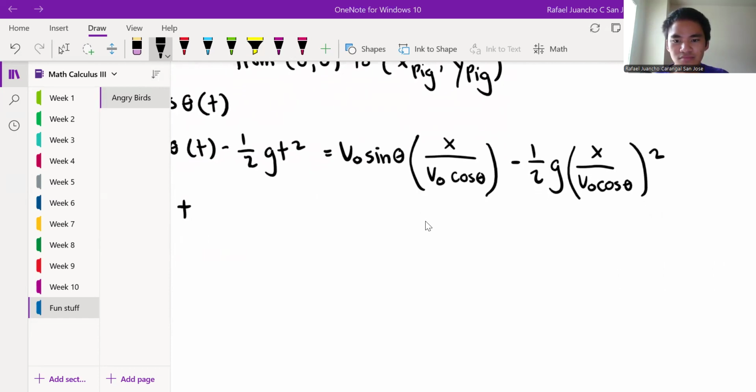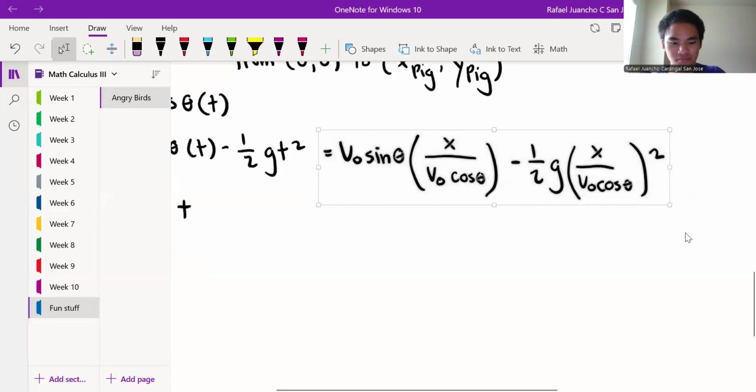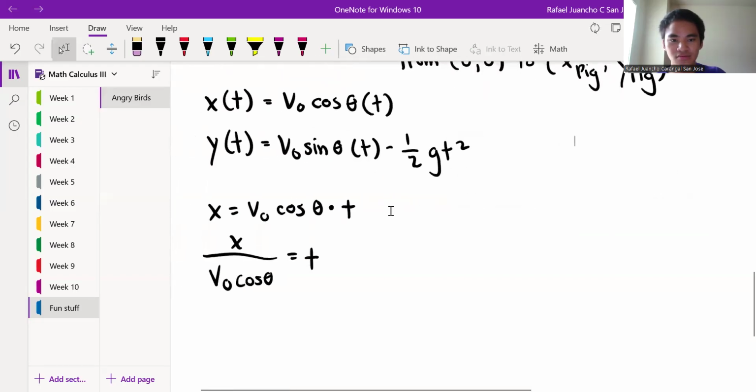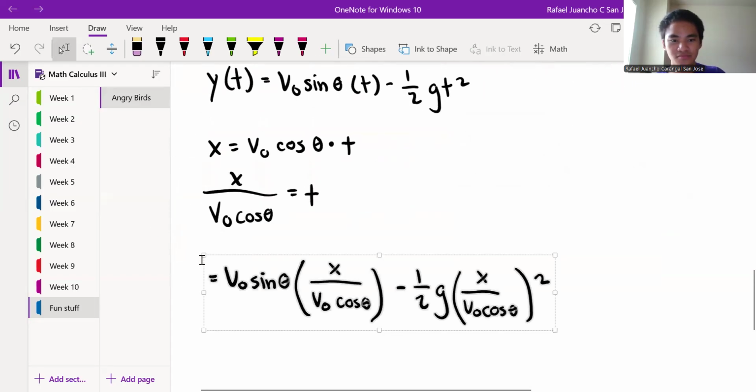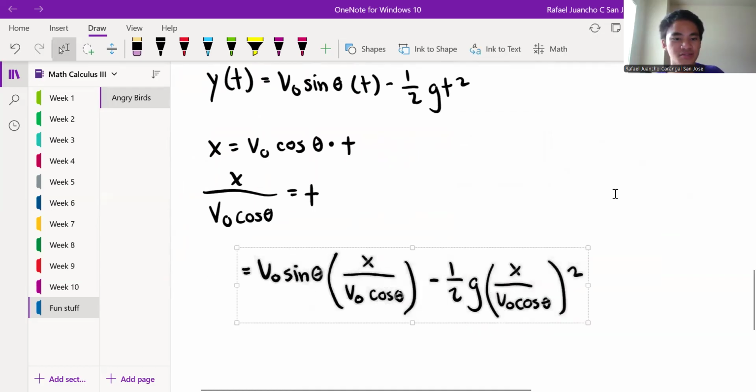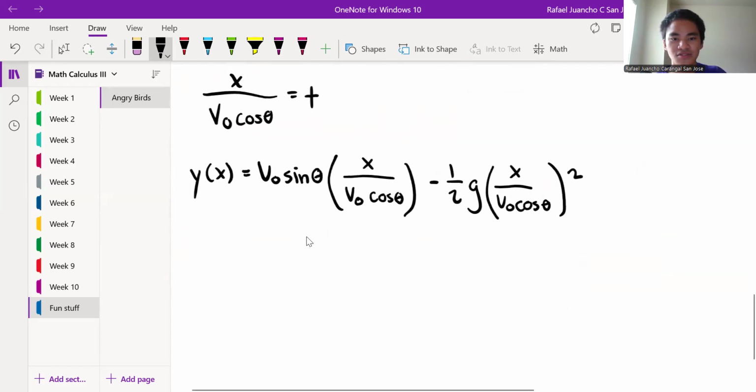Now, we can simplify this. Let's keep it organized. So we have y of x, which is this thing. Now we have y in terms of x. Now let's simplify. The v naught is going to be canceled.